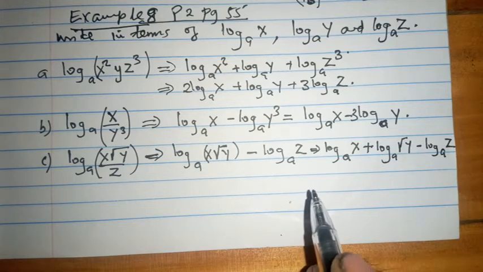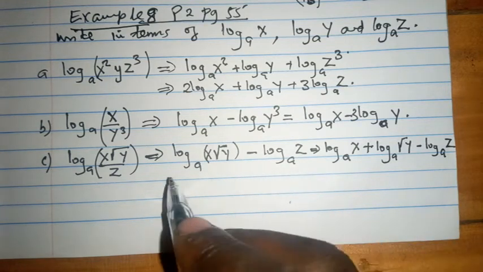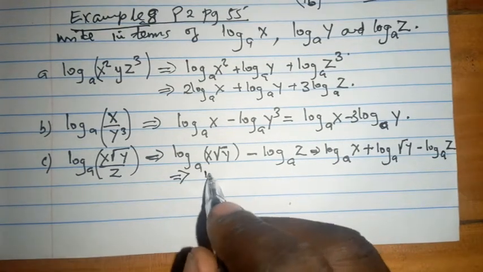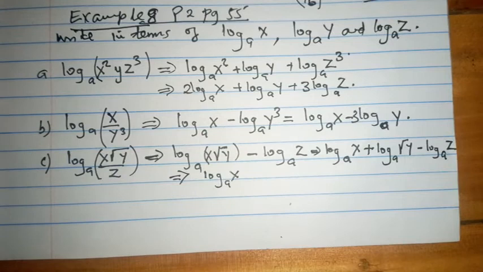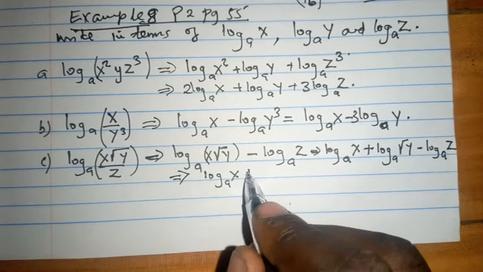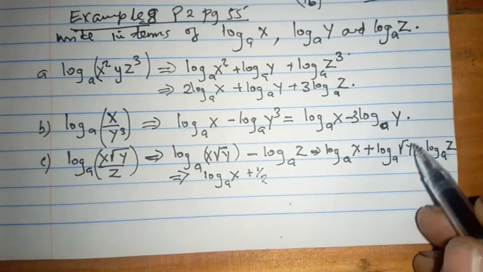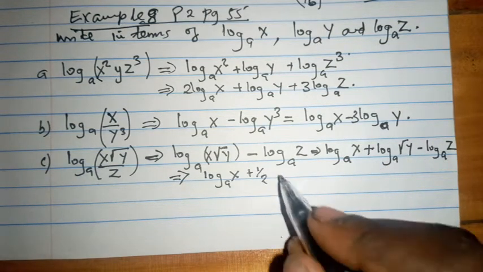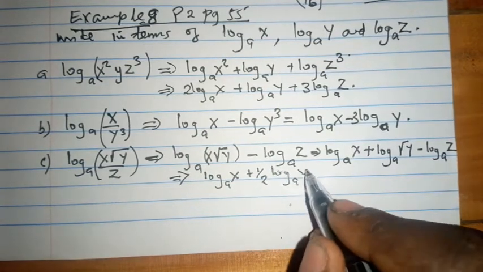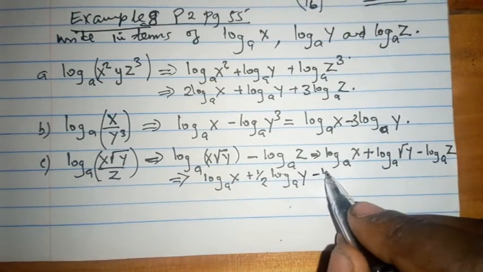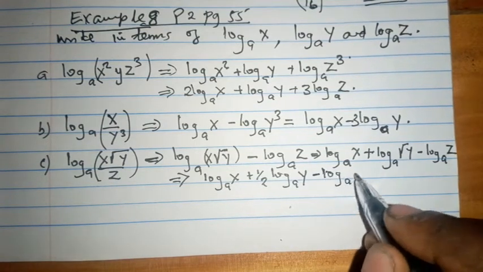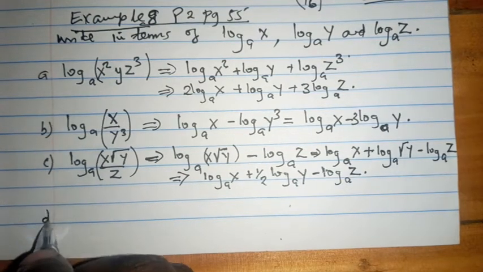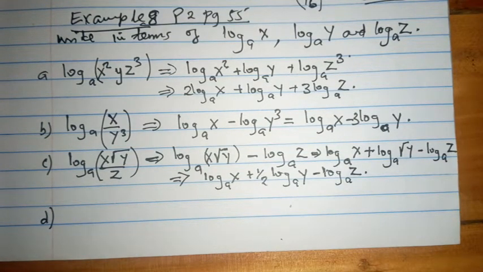And in an attempt now to write it in the final format, this is equal to log to base a of x plus a half, because this is y raised to power half, that index becomes a coefficient according to the power law of logarithms, log to base a of y minus log to base a of z, and that is the final submission as far as that one is concerned.